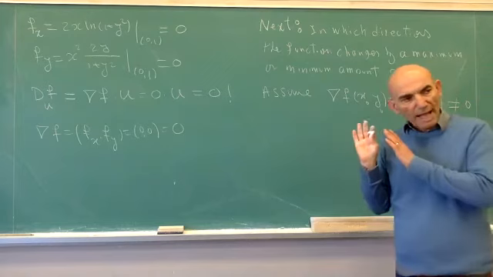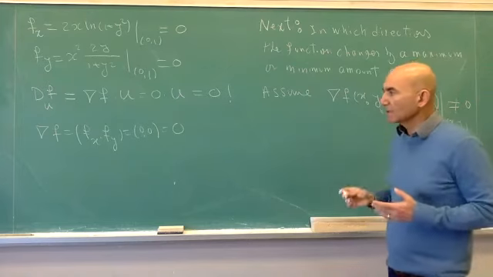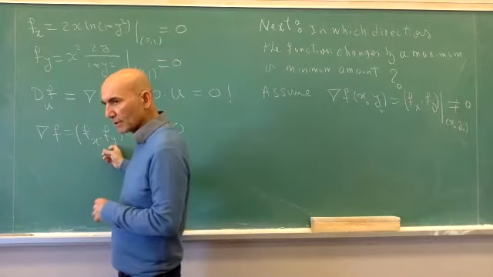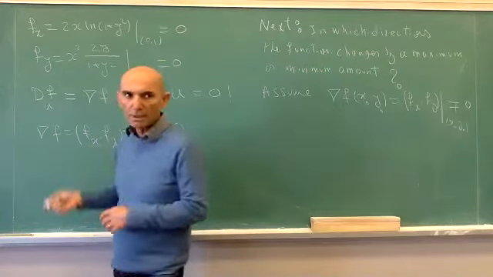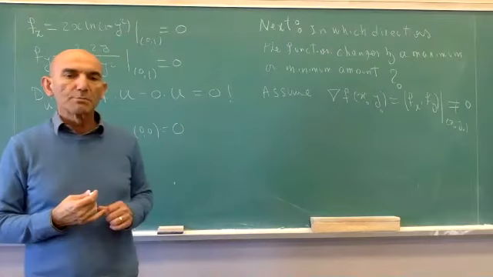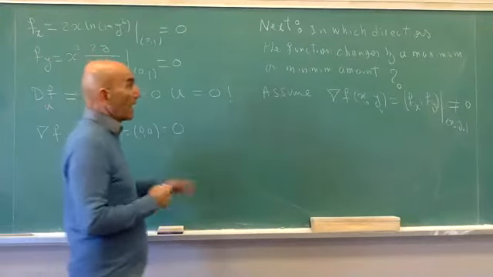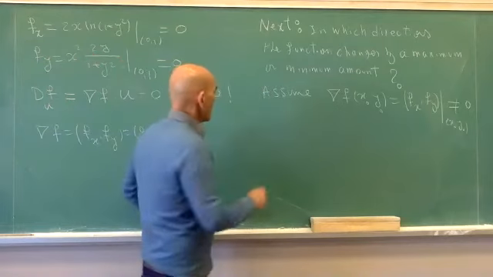Let's assume that vector is not the 0 vector. What does that mean? It means that at least one of the components of the vector is not 0. That's what it means. Okay, good. Now we can answer this question fully.